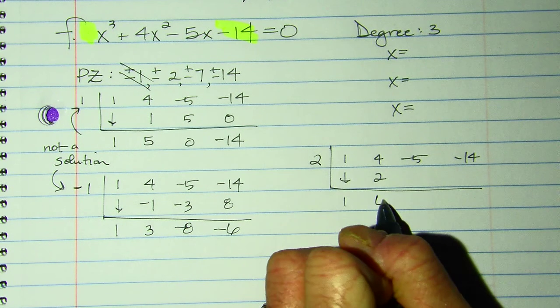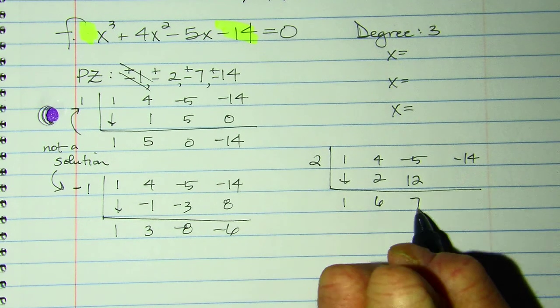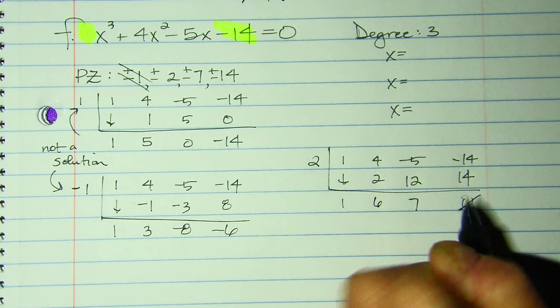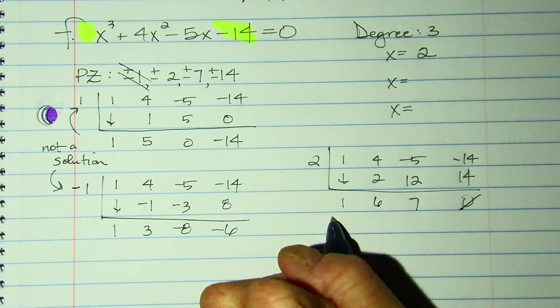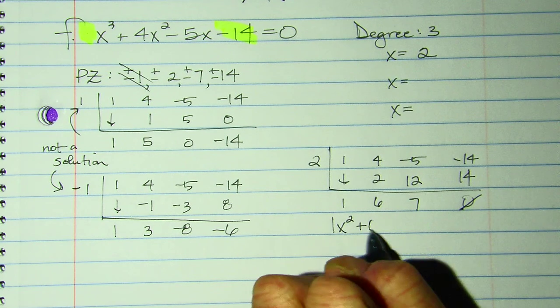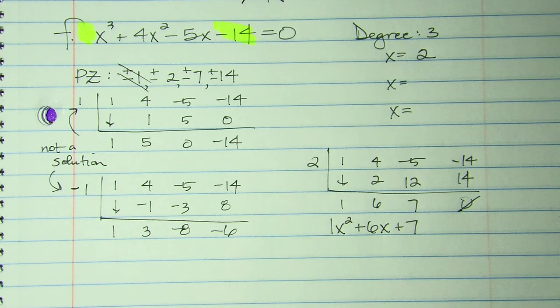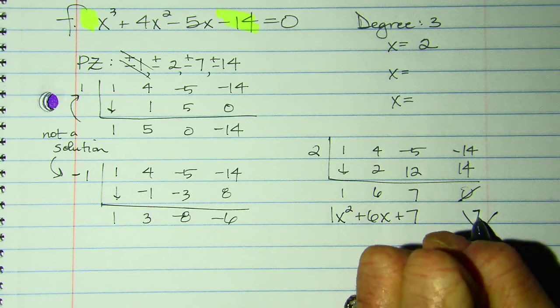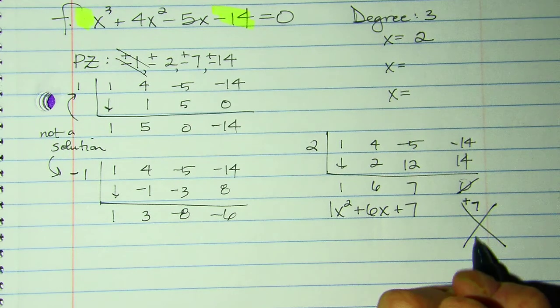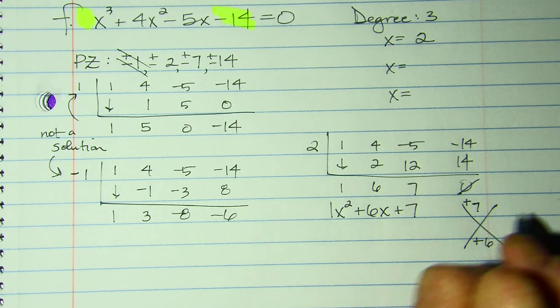This gives me 6, 12, 7, 14, 0. So my first solution is 2 because it's the first number to give me a remainder of 0. Now I've got 1x squared plus 6x plus 7. Now this is not factorable. There is no factor of a positive 7 that will give me positive 6. This doesn't work.